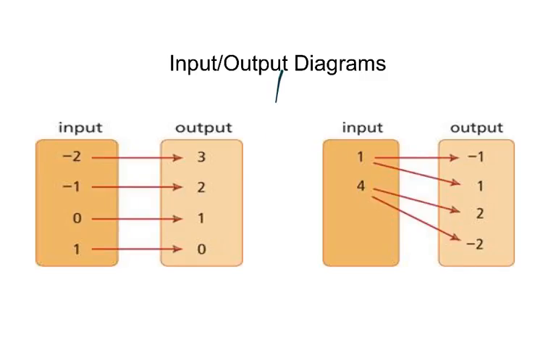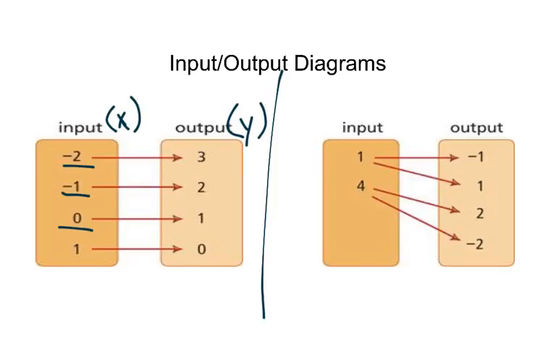These are two different input-output diagrams. Is it a function or isn't it a function? Let's find out. When I look at the input, remember this is the X value and this is the Y value. The way that I look at an input-output diagram and decide if it's a function or not is whether it has one specific X that goes with one specific Y. See how the -2 only goes with 3 and the -1 only goes with 2?